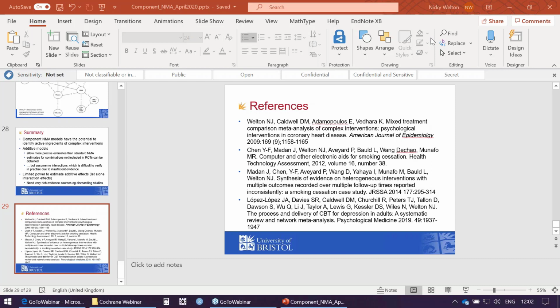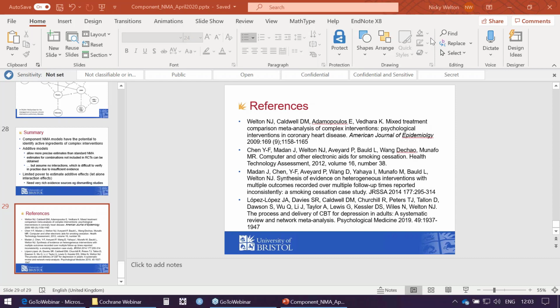Okay, the next question is around assessing the certainty of the evidence, and how you go about that when you use these component models. In terms of statistical certainty, that's what comes out of the modelling. The credible intervals around the estimate give us an estimate of the statistical uncertainty.